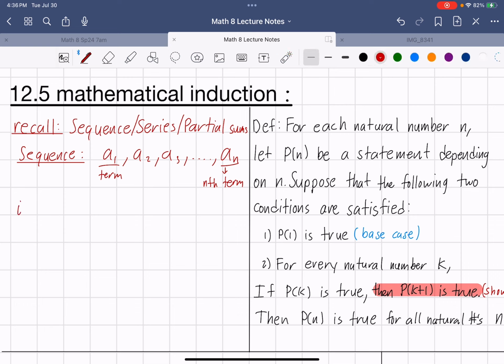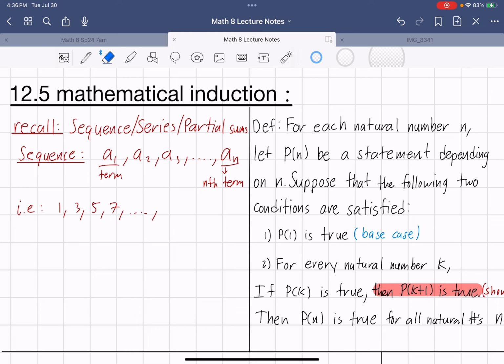So for example, let's say 1, 3, 5, and so on and so forth, right? Or here, I'll do one more: 1, 3, 5, 7. You could probably assume what that pattern is going to be.